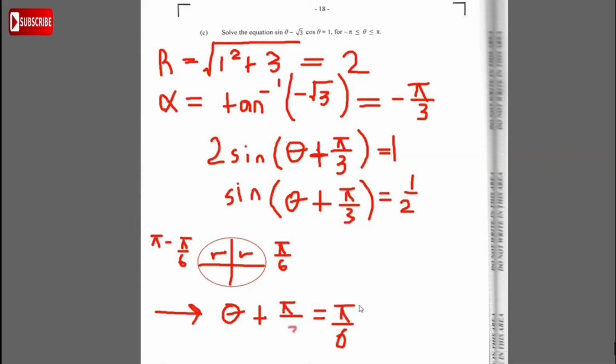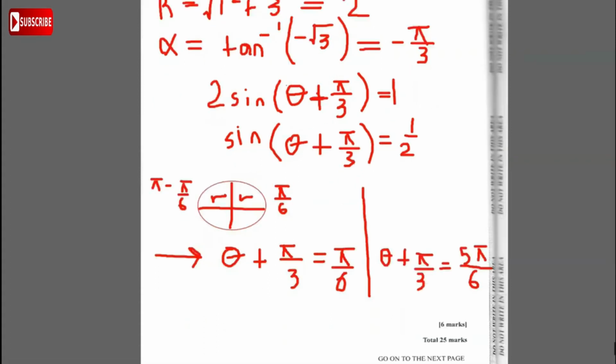That's one possibility. Or the other possibility is that theta plus pi by 3 is equal to pi minus pi by 6. And pi minus pi by 6 simplifies to 5 pi by 6. That's what we're getting. Nice.